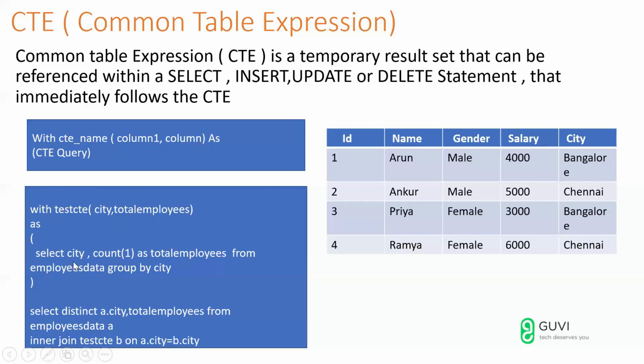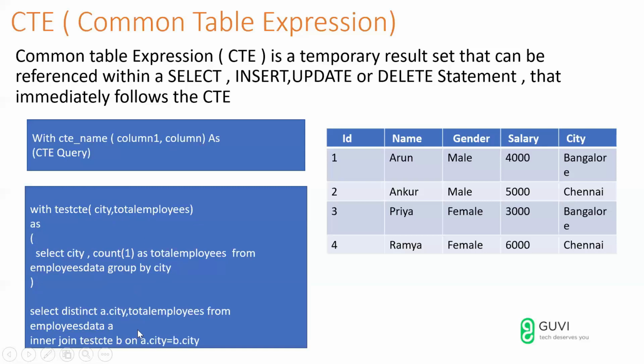From the employees table data, I'm grouping by city and getting the count of total employees by city. This output is captured as a CTE with the name test CTE, with city and total employees. So now this CTE contains city and total employees count.